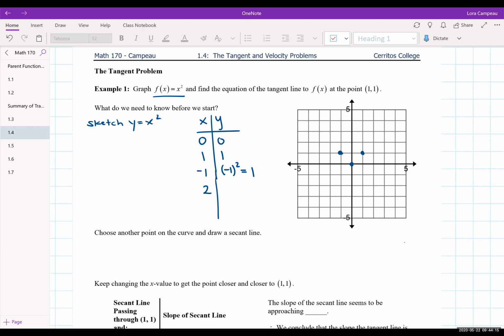So 2 squared is 4. (2, 4) is about right here. And I'll go with -2. And again, remember when I'm squaring, I'm including the negative sign to get a +4. So now we have a few nice guide points to help us out with our sketch. So we'll complete that sketch.